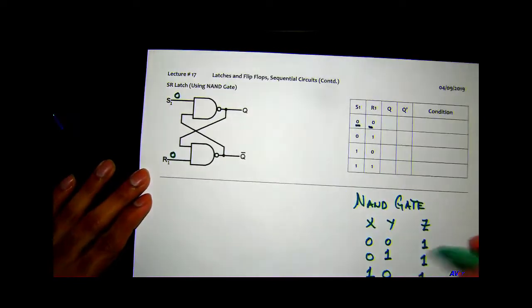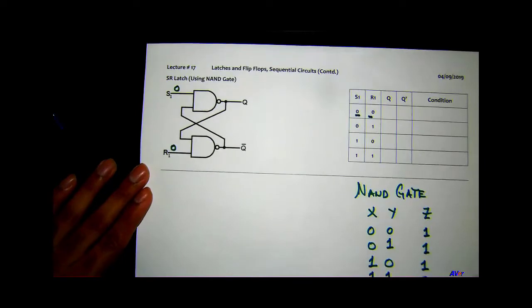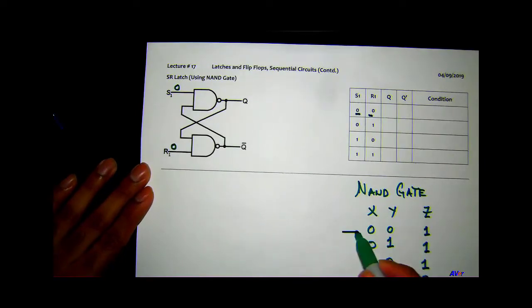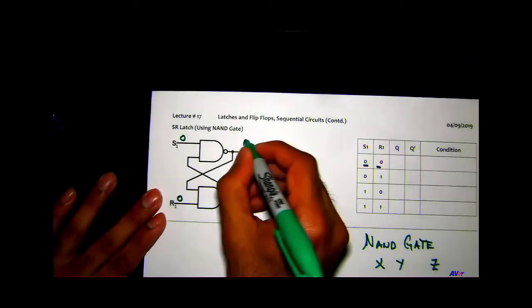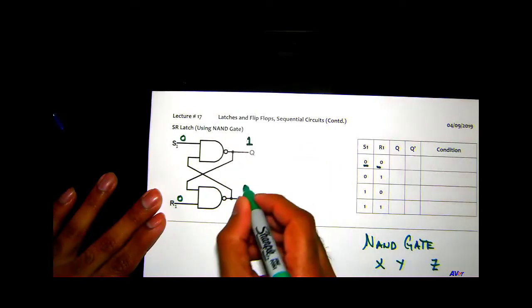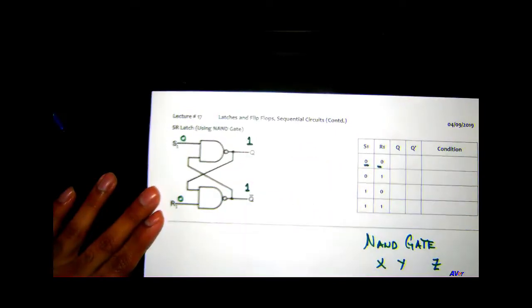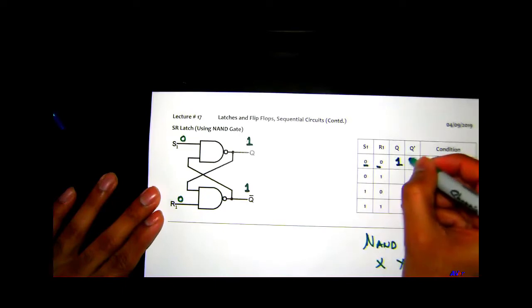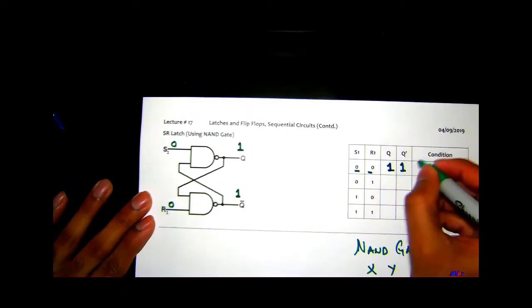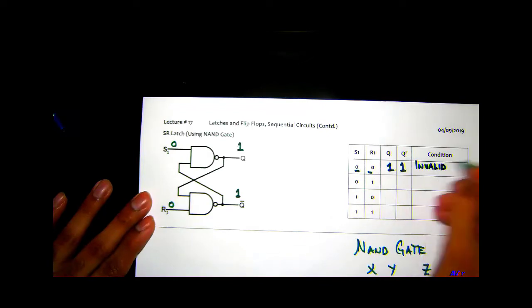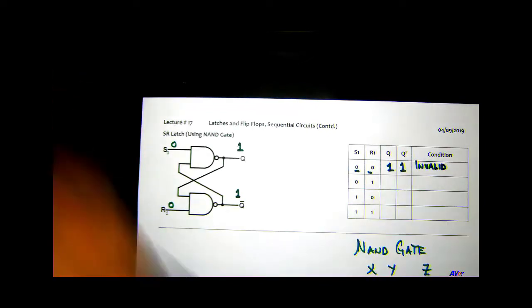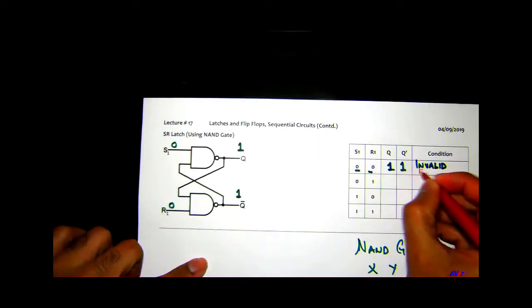We know when any of the inputs is 0, the output is going to be high, which would mean that Q is going to be 1 and Q naught is going to be 1, okay, which is not possible. We call this invalid, and this we also refer to as forbidden state.